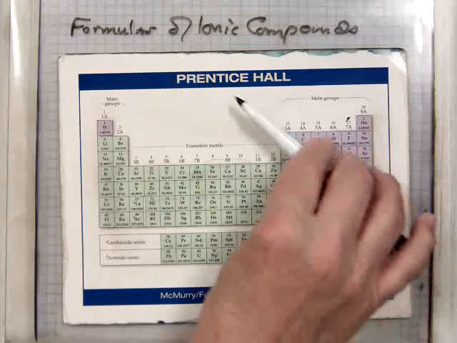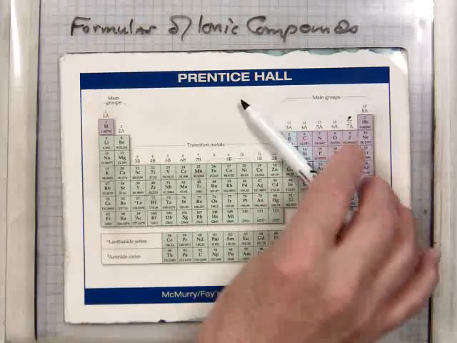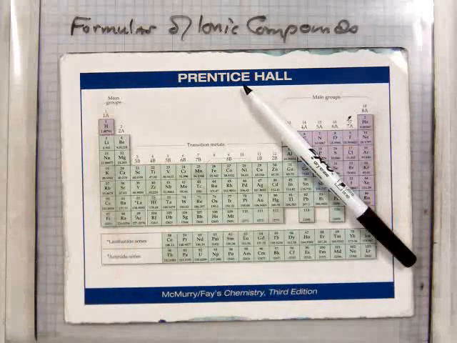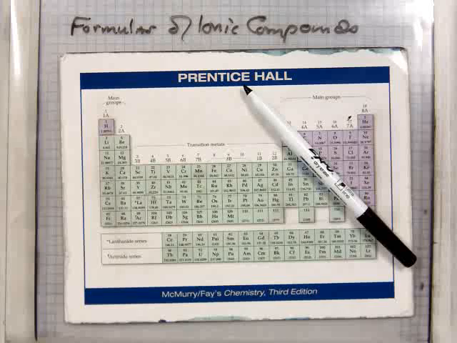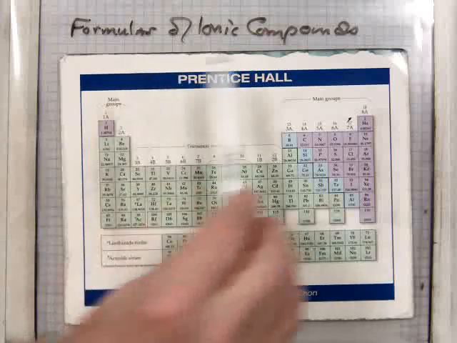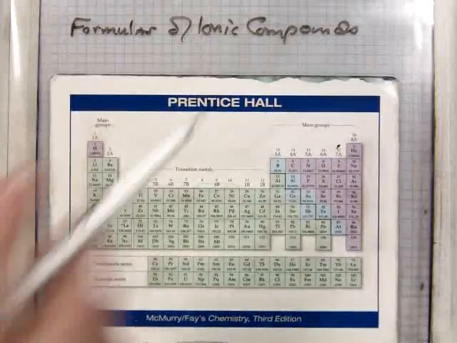If we look at the diagonal, the little staircase we've been talking about, elements on the right of that staircase are nonmetals, and elements in the green, as you see here, are metallic in nature. All the details of it are irrelevant right now. What we need is just metals on the left, nonmetals on the right. So an ionic compound, first of all, is a metal plus a nonmetal.